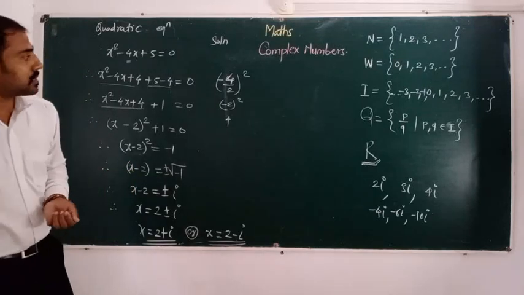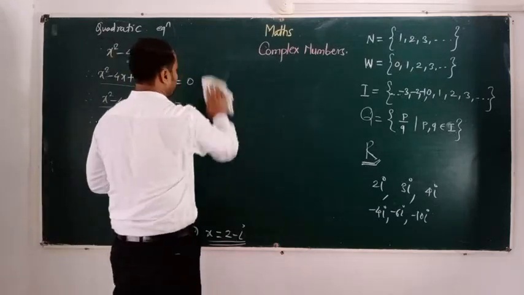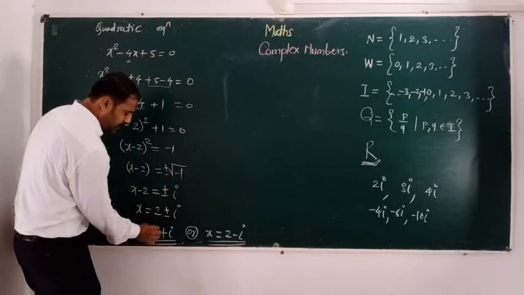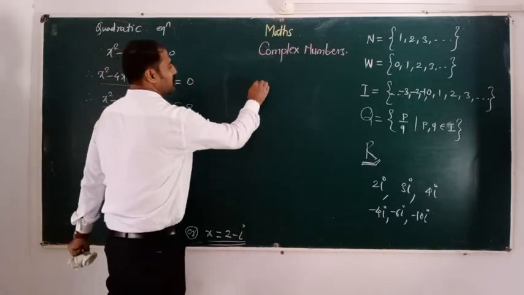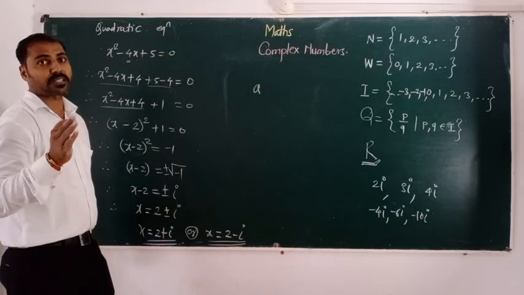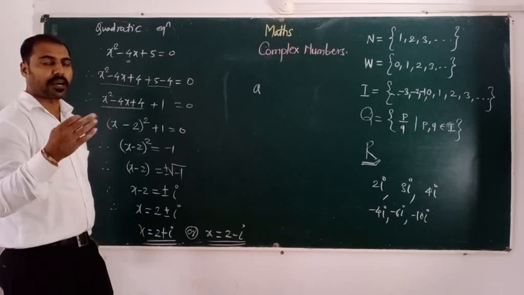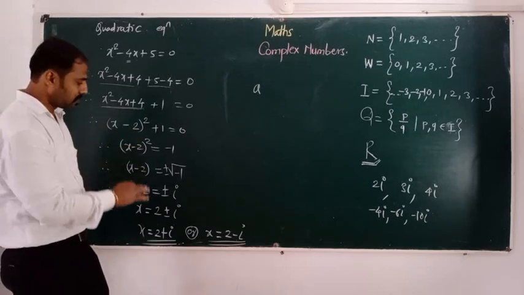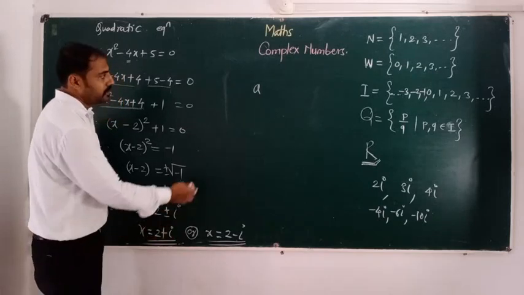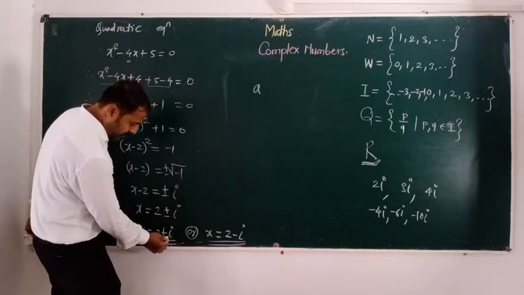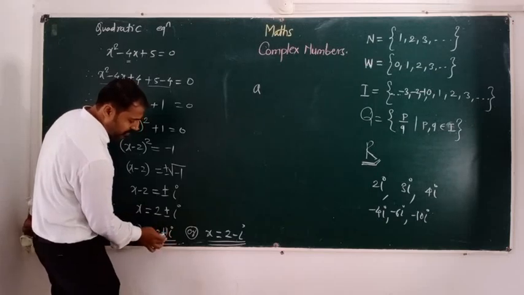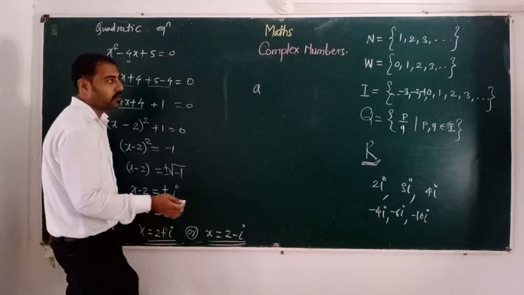Look at these numbers. Suppose I consider that 2 is a constant, and in mathematics the first alphabets a, b, c, d are used to denote constants. If I denote 2 as a, and here is a term of i whose coefficient is not given, it is clearly 1.